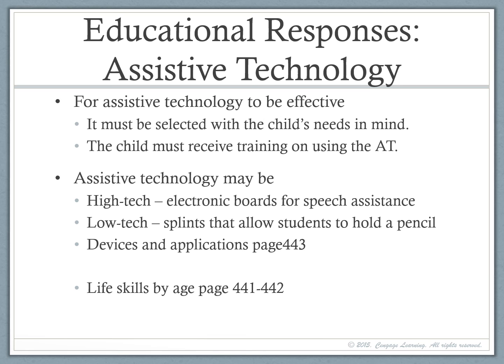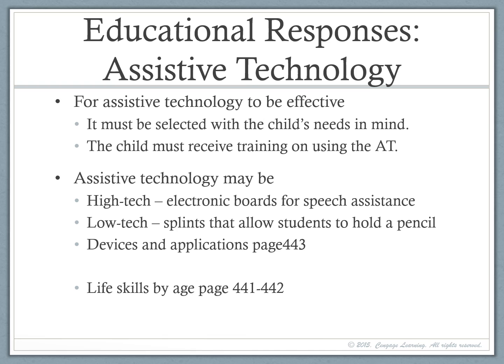Educational responses can be achieved with assistive technology. For it to be effective, it must be selected with the child's needs in mind, and the child must receive training on how to use this technology. It could be high-tech, like electronic boards for speech assistance. It could be low-tech, like splints that allow students to hold a pencil.